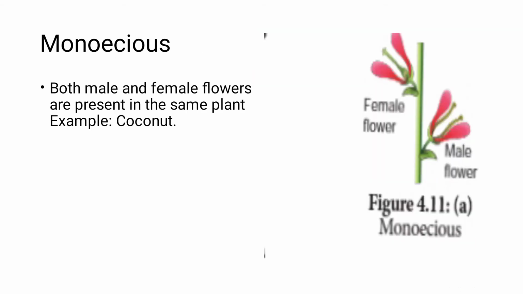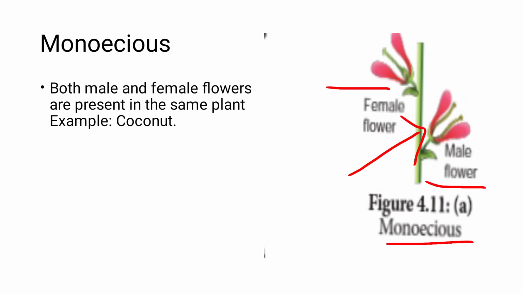Monoecious. Monoecious means both male and female flowers are present in the same plant. This is the male flower and this is the female flower, present in a single plant. So the male and female flowers, not the sex organs, are present in the same plant. Then it is called monoecious.